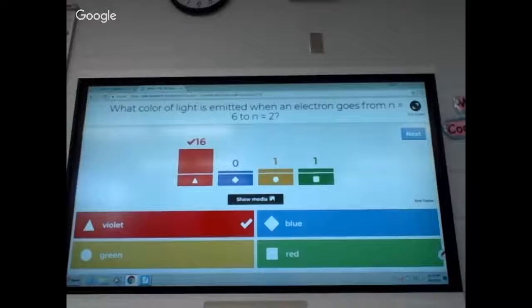All right. So the 2 people who picked green and red. When you go 6 to 2, the number you get is 410. Did y'all not use the chart? Did you touch the wrong number, or did you really not know what you were doing? I see what I did wrong now.